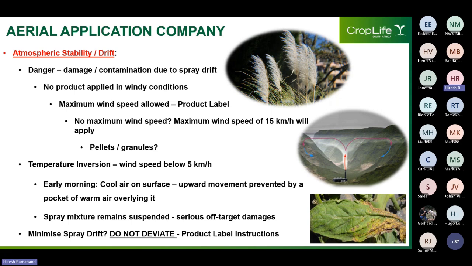Smoke or fog close to the ground is indicative of such conditions. This will result in a spray mixture remaining suspended in the air while not being deposited onto the target, which can result in serious off-target damages. Any of these factors can cause serious off-target drift and should be avoided at all times.